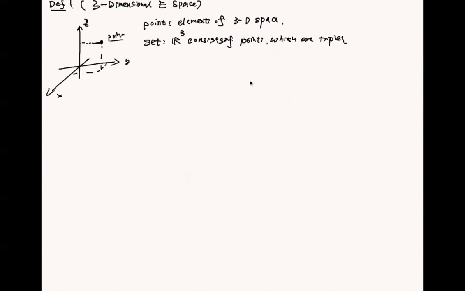So based on this, we can see that a Euclidean space is a set with points. But when we call it a space, it should have some operations on the set. So Euclidean space has two operations. The first is sum.